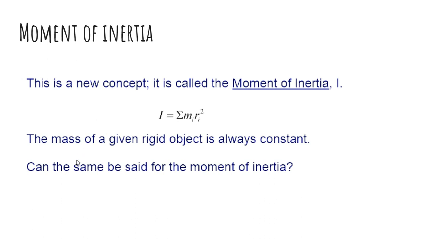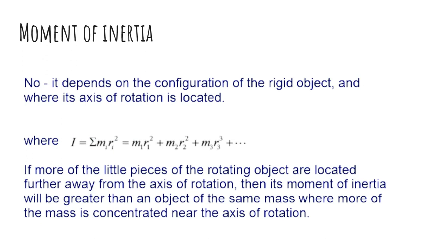The mass of a given object is always constant, but can the same be said for the moment of inertia? An object's mass will always stay constant, but can the moment of inertia change? We're going to realize yes, because we can actually change our axis of rotation on an object. So it depends on the configuration of the rigid object and where its axis of rotation is located.